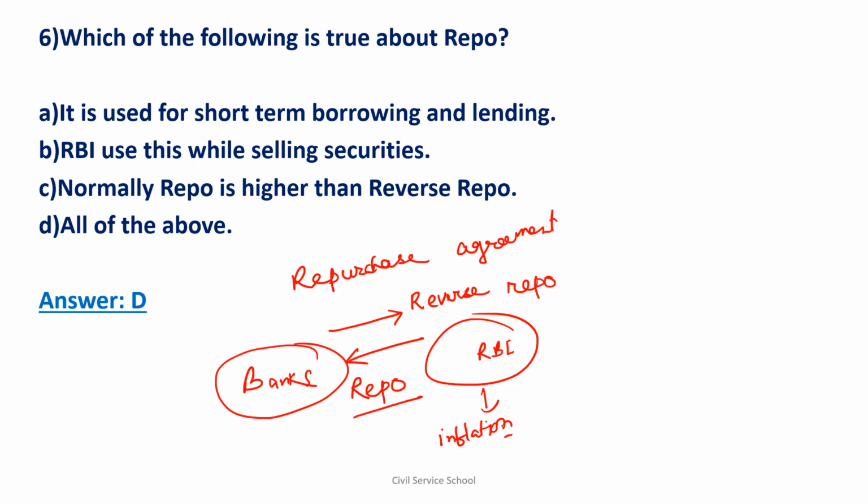Means if repo rate is higher, then banks will have to pay more to take money from RBI, and that means the interest rate will be high.